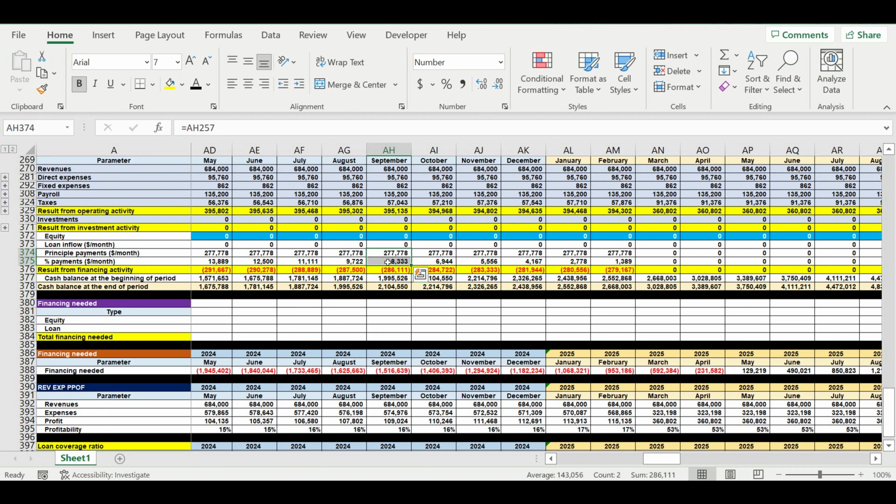They consider taking a smaller volume of loan, or they try to find business partners or investors, so they change the way they are going to finance their business.